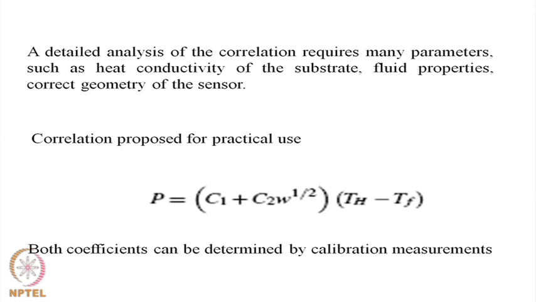So, in order to ease the use of such a relation, a correlation of the following form is proposed and used in most calculations: P equals C1 plus C2 into W, the velocity, to the power half, times T of the heater minus T of the fluid. Both these coefficients are evaluated from calibration measurements.